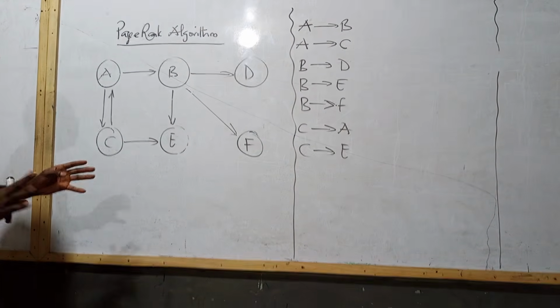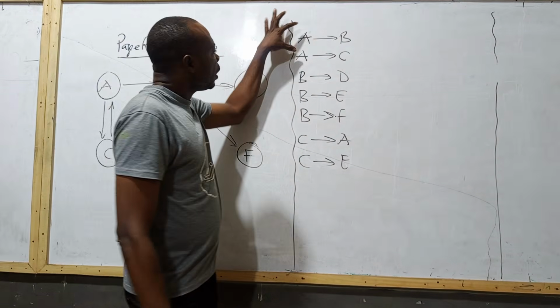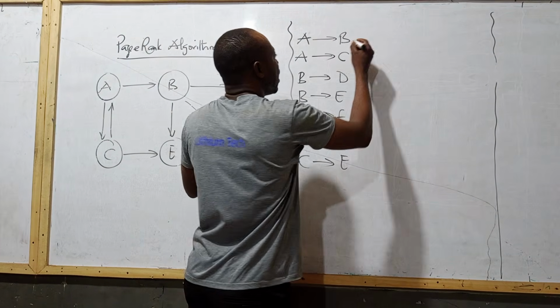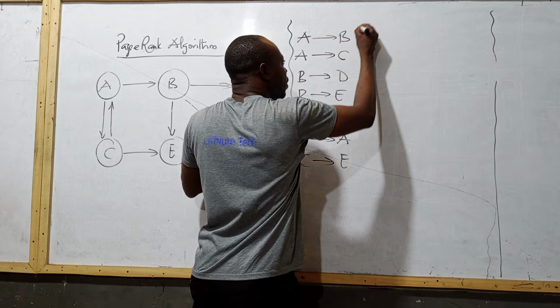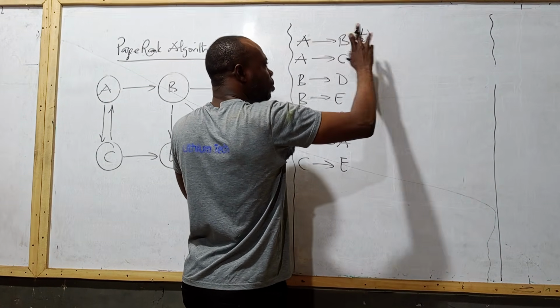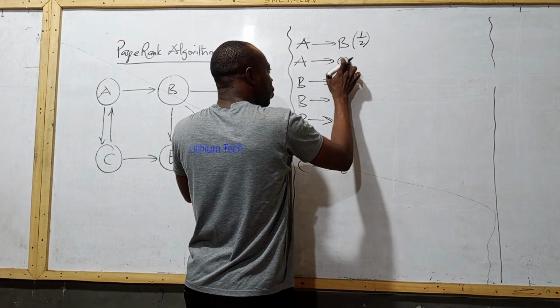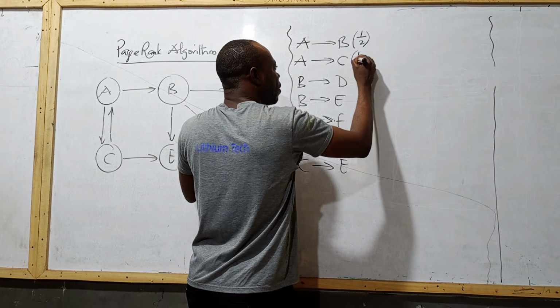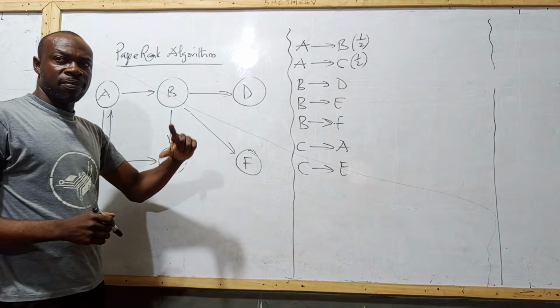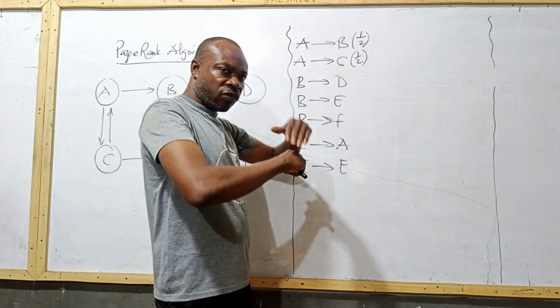We are going to talk of probability over here. If from A I can go to two different places, then if I want to move to B, the probability is 1/2, because from A I can go to two nodes. If I'm going to C, it is also a probability of 1/2. Why? Because we are dividing it. The probability that I'll go to this node is 1 over the total.